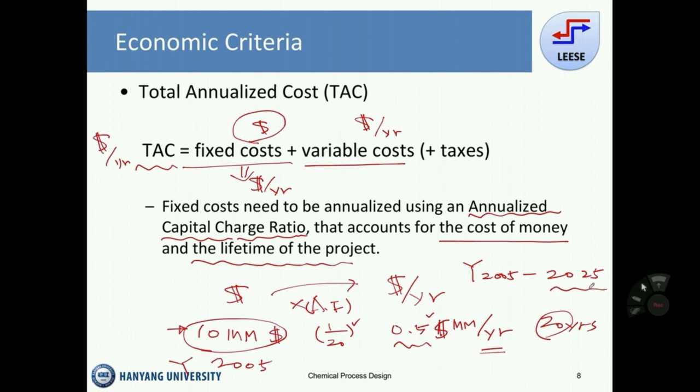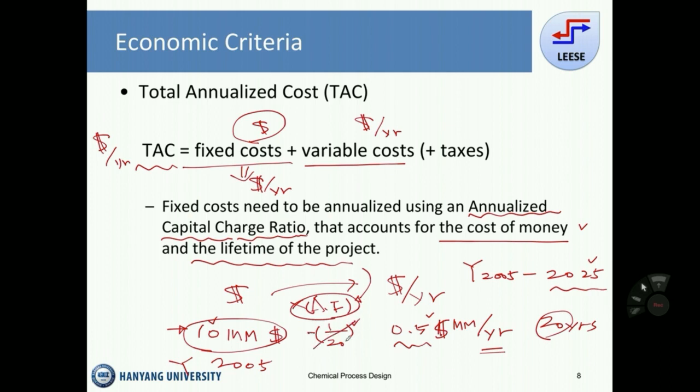The value of money will have changed, okay? If you needed to buy the same heat exchanger in 2005, it might be 10 million. But if you want to buy the same thing in 2025, after 20 years, it might be $15 million, it might be $17 million. So the cost of money should be taken into account in determining this annualization factor.